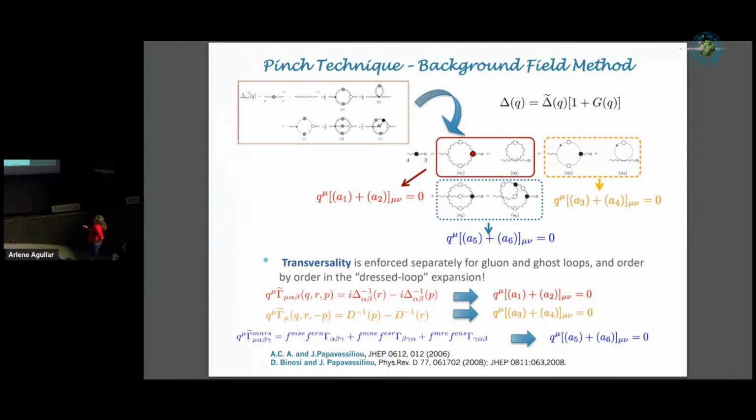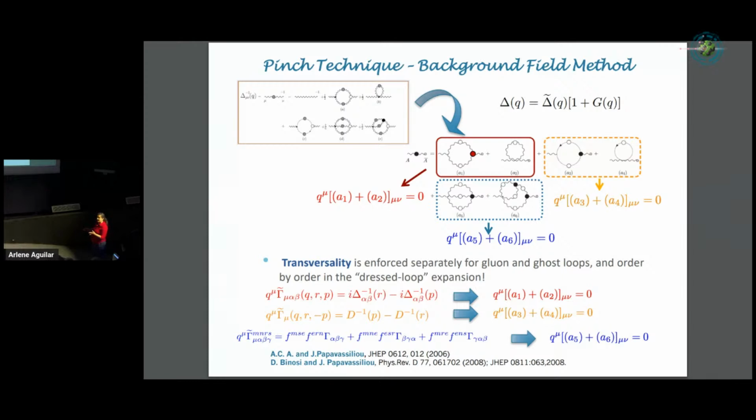I can create blocks where the transversality is enforced separately. So this block here is transverse by itself, this block here is transverse by itself, and this block here is transverse by itself. So then I have a recipe for how to study the Schwinger-Dyson equation for the gluon propagator, and I can truncate the series and keep the transversality intact.